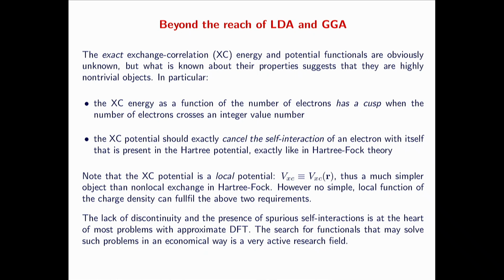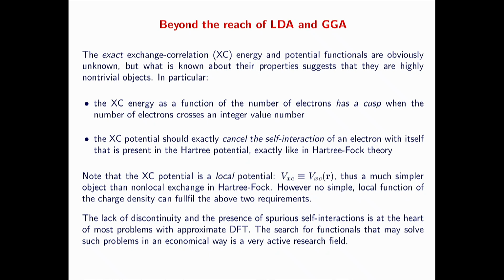One is that if you have a single electron, of course, if you look back at the formalism, you have no exchange correlation potential. Or more exactly, you have an exchange correlation potential that must compensate the Hartree term, because the electron cannot interact with itself.